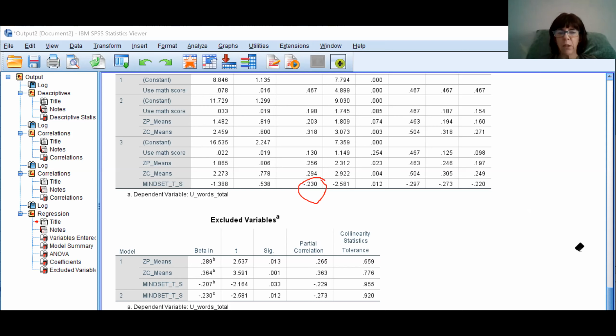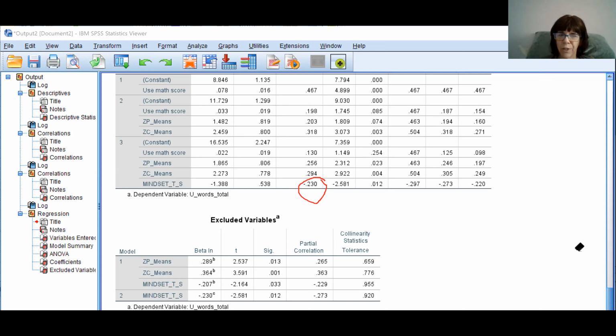For an increase of mindset towards a fixed mindset, a positive increase of 1 standard deviation, you would expect a drop in language usage of about a quarter standard deviation. For a drop of a standard deviation in mindset towards growth, you'd expect a quarter of a standard deviation increase in language usage.